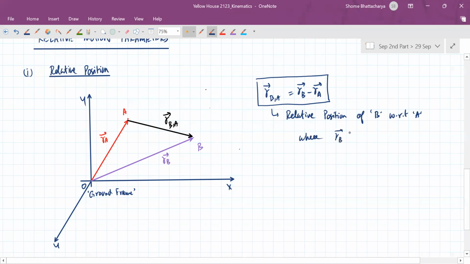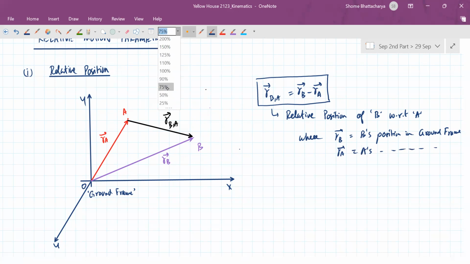where RB is B's position in ground frame, and similarly RA is A's position in ground frame. Okay. So this is very simple to relate.